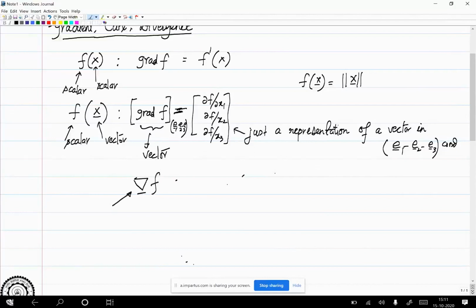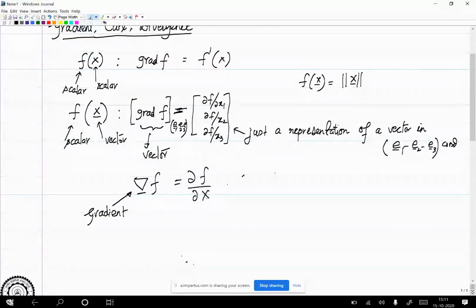This is the symbol for gradient, and its definition is the following. It is going to be del f over del xi tensor product ei.